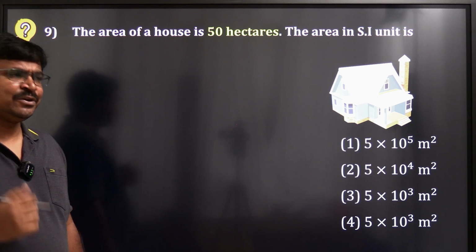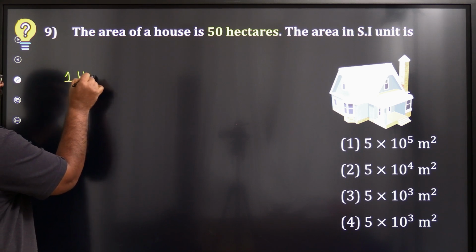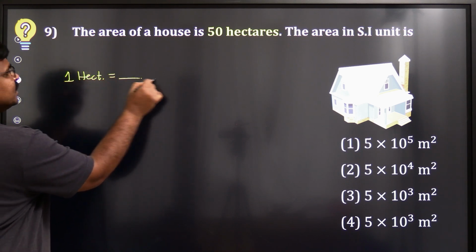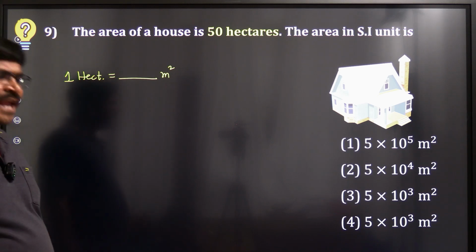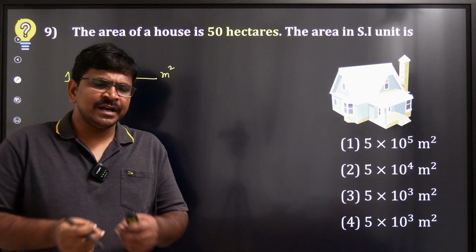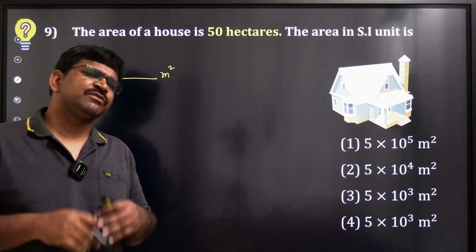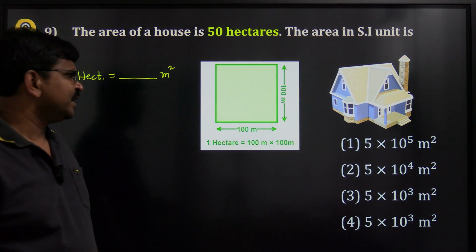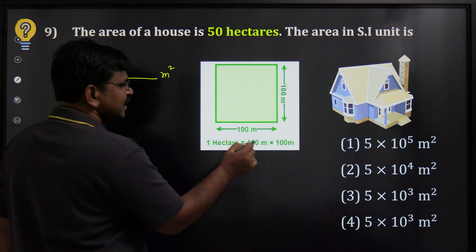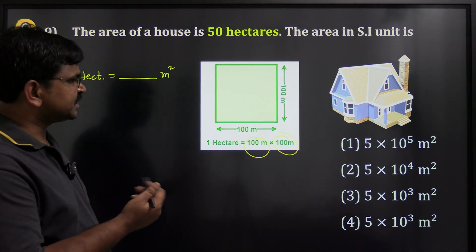And here we need to know 1 hectare is how much meter square. Simple. And actually 1 hectare means 100 meter length and 100 meter. See, simply it is a square of 100 meter length. Something like this. So here 1 hectare area means 100 meter, length into breadth both are same, that is square.